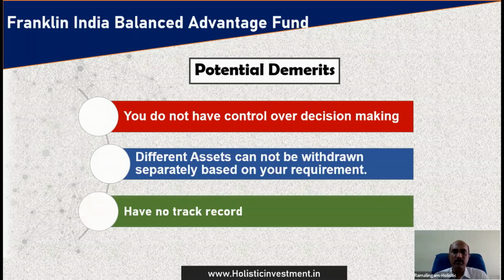Being a NFO, this fund does not have a track record. In an existing fund, there will be a track record. When there is a track record, we'll be able to do in-depth research, a detailed analysis of the track record, how this fund has managed successfully. Especially this fund has to dynamically move from equity to debt, debt to equity, right?